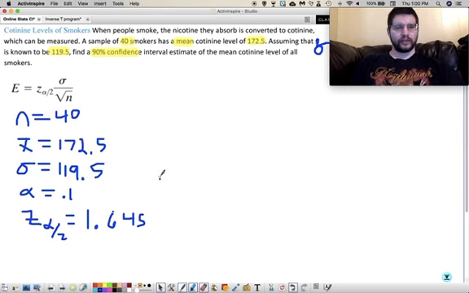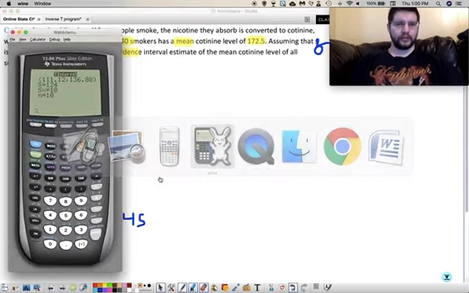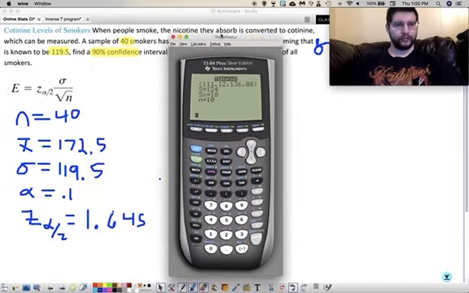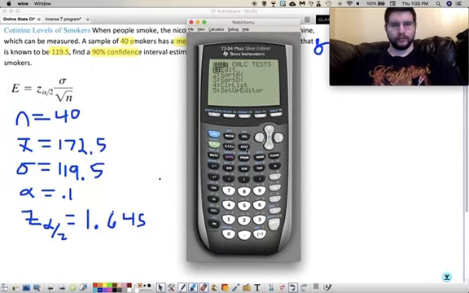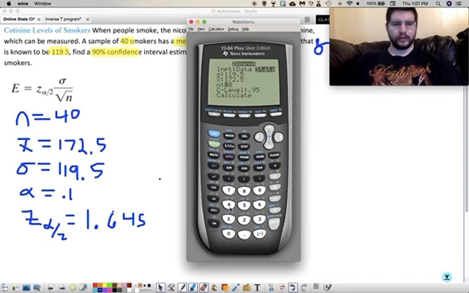So now we just need to find the confidence interval. TIs, you're done already. This time we are doing the Z interval with statistics. We know sigma is 119.5. 172.5 for X bar, n is 40.